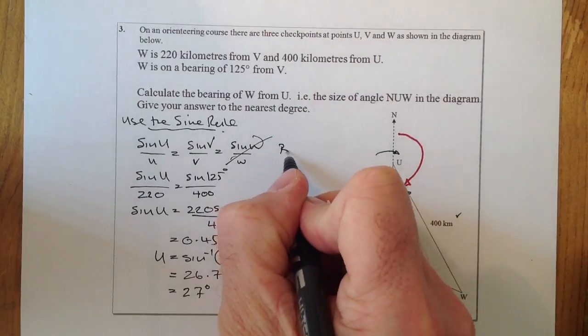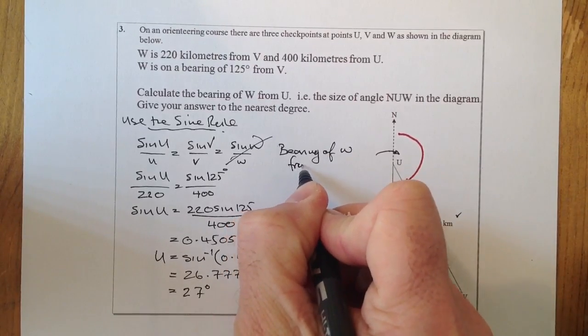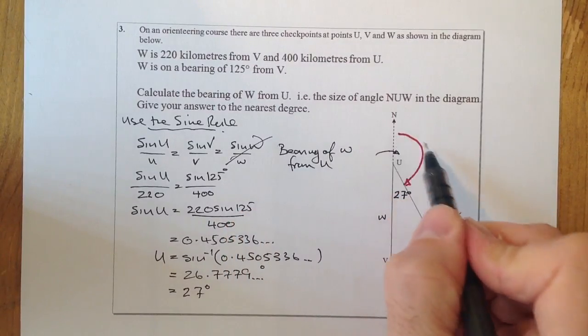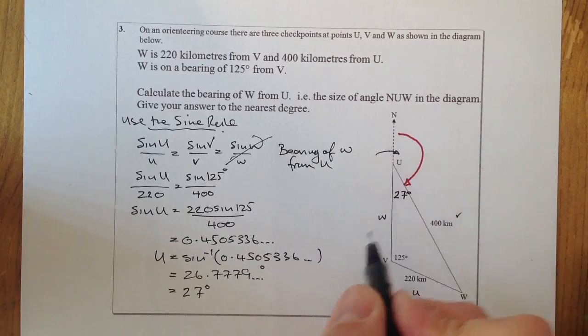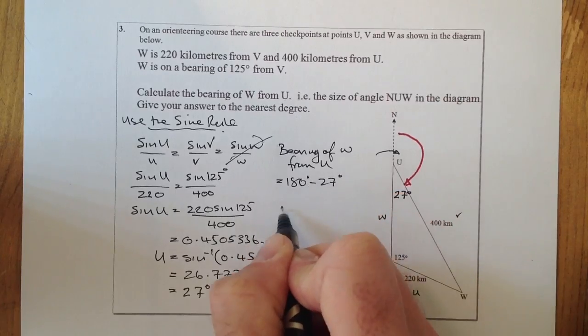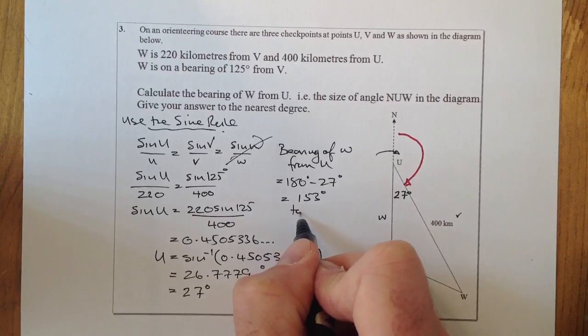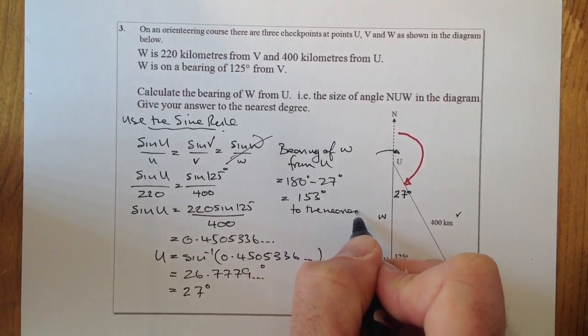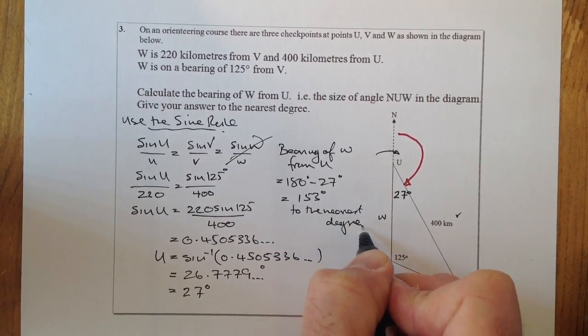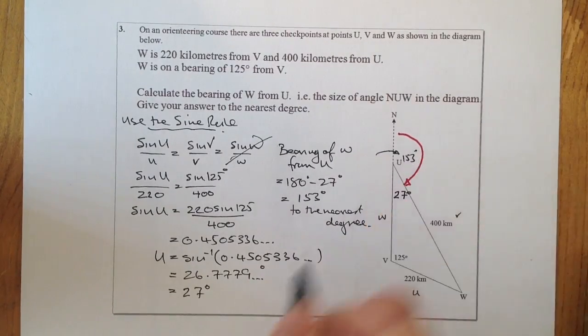So the bearing of W from U is equal to 180 minus 27 degrees, and that gives me 153 degrees to the nearest degree. So that's that question complete.